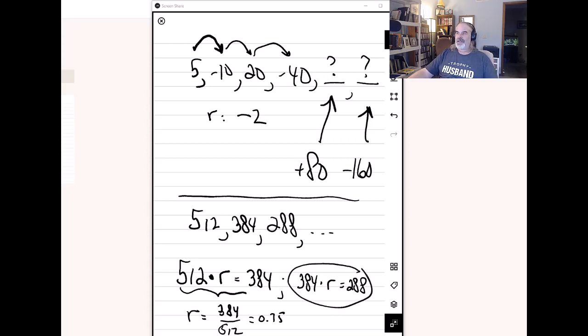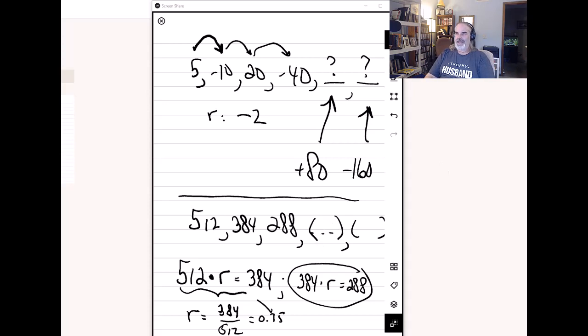Okay. Does that same number work for this? Well, now I'm going to do 288 over 384. That also is 0.75. So 0.75 works. That is the ratio. So if we want the next two numbers in the list, we just keep the ball rolling. 288 times the ratio 0.75 is the next number in the list.